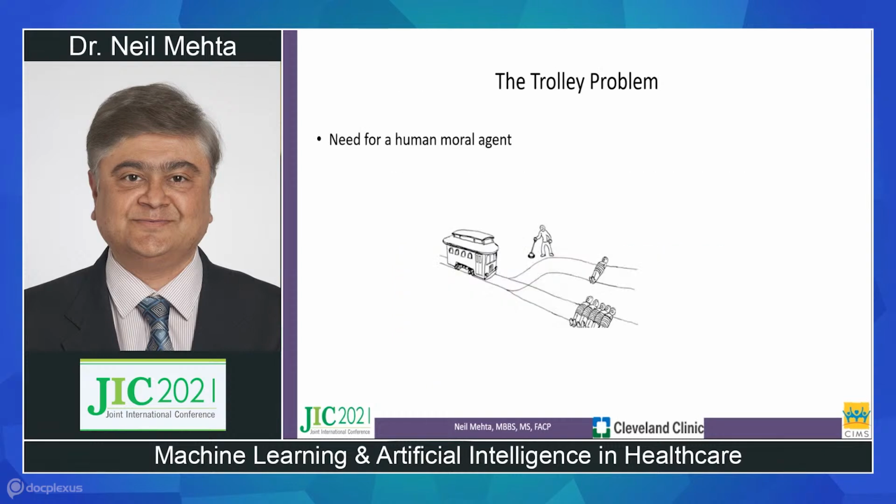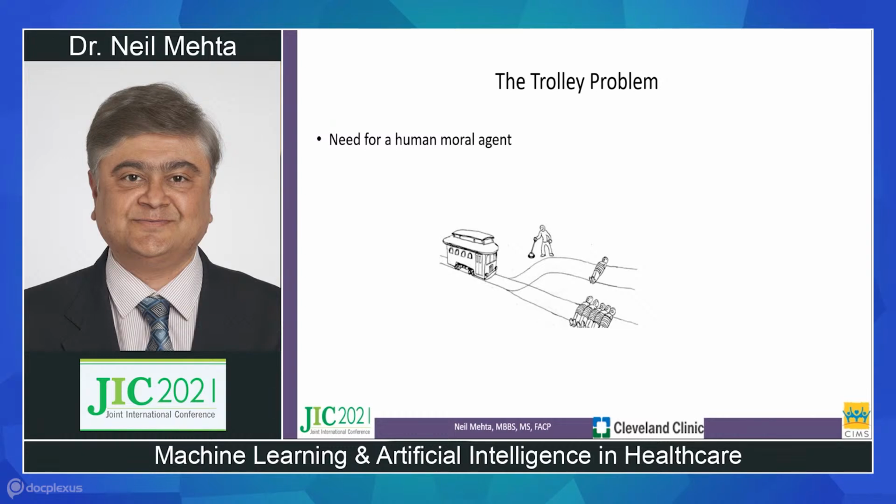Another area where machine learning struggles is with ethics. The image here shows what is classically known as the trolley problem. And the trolley is coming down the tracks. If it keeps going straight, it's going to kill 5 people. If you flip the switch, it'll go on the side track and it'll kill only 1 person.